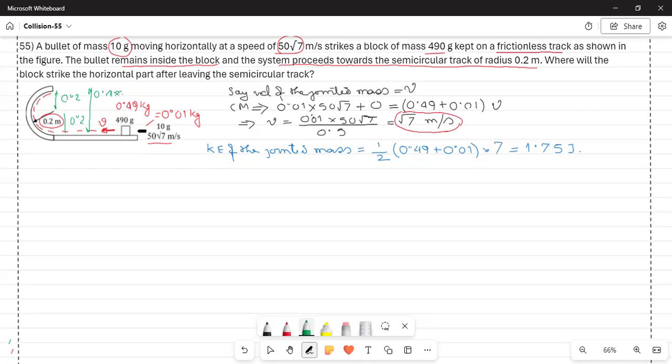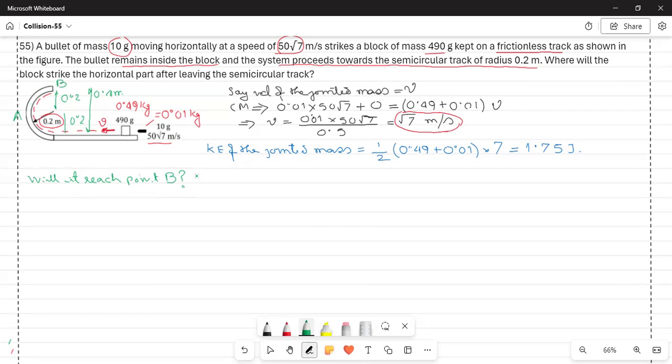Let us consider this point is A and this point is B. We ask ourselves, will it reach point B? This is the first question.